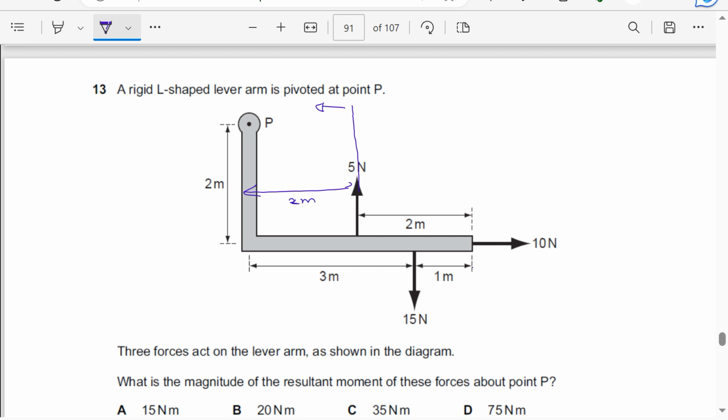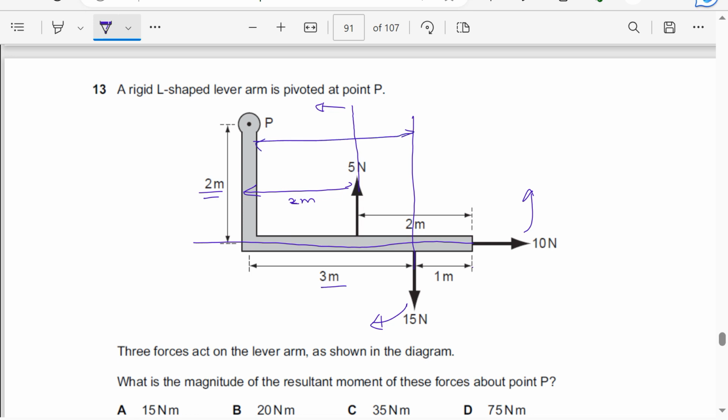Then this force here is causing an anticlockwise moment, whose perpendicular distance is going to be 2 meters. And this force here is causing a clockwise moment, and its perpendicular distance is going to be this distance here, which is 3 meters.